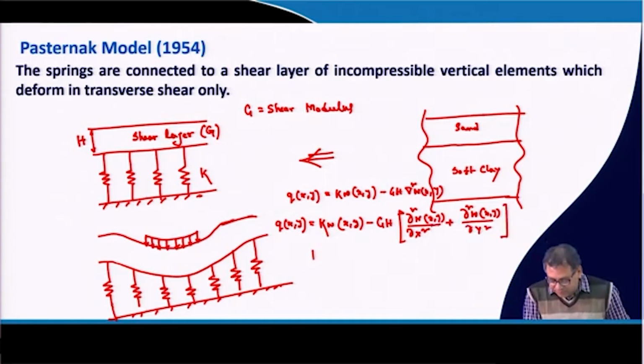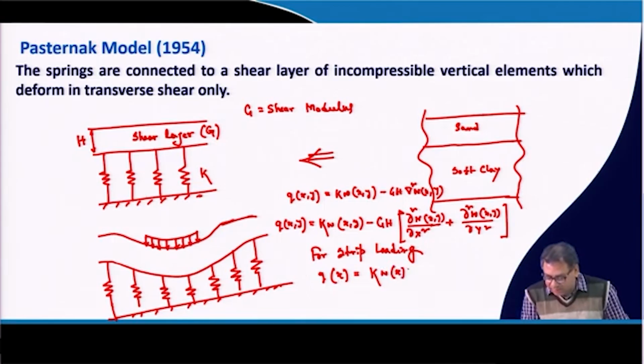Again, for strip loading, the equation will be simple: q(x) = k w(x) minus G H d square w by dx square.